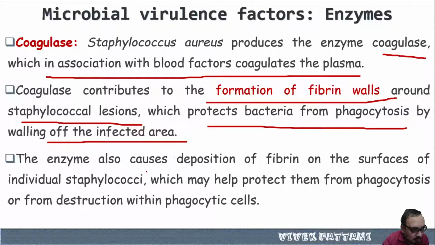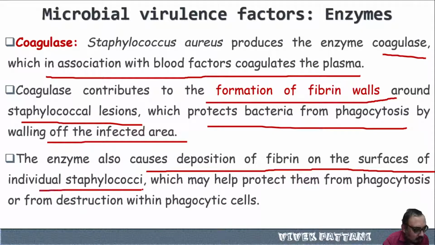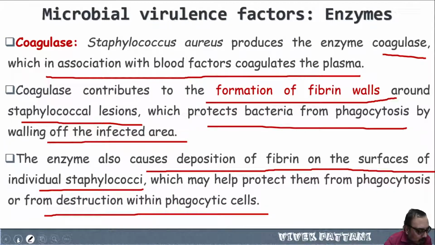The enzyme also causes deposition of fibrin on the surfaces of the individual staphylococci, which protects them from phagocytosis or from destruction within the phagocytic cells. Here fibrin acts as a barrier for the staphylococci.